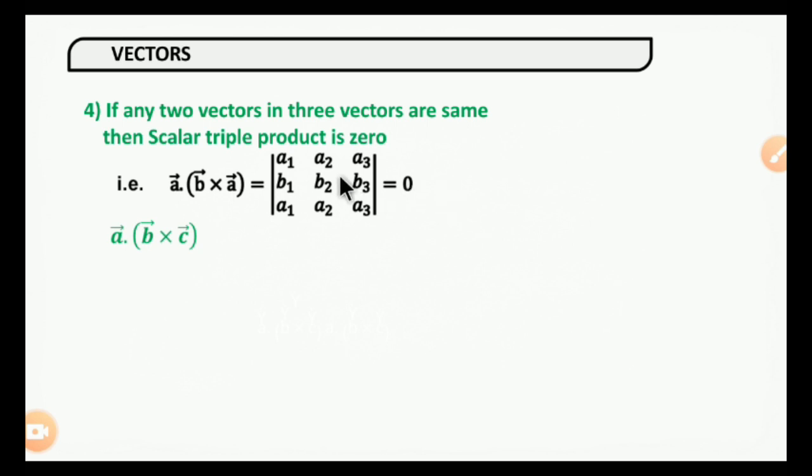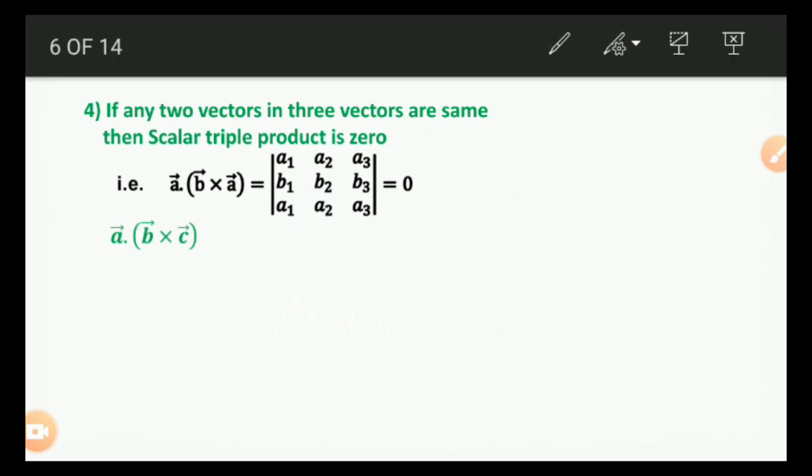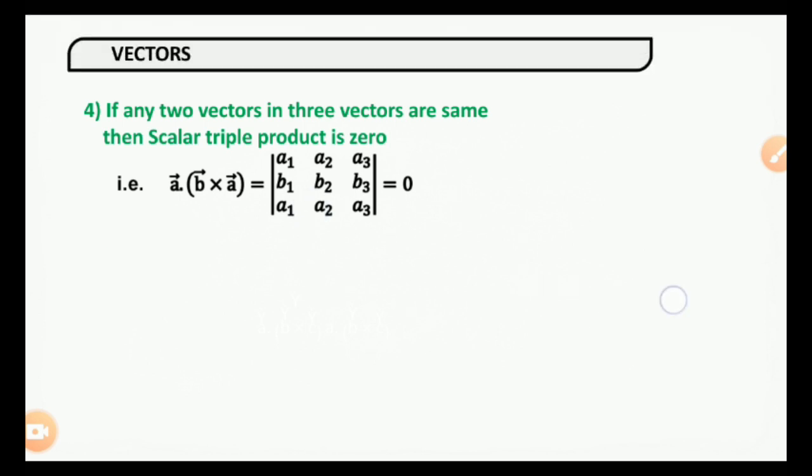This is equal to 0 because, by the property of determinants, if any two rows or columns are identical, then the determinant is equal to 0. Therefore, here R1 and R3 are the same, so that determinant is equal to 0.